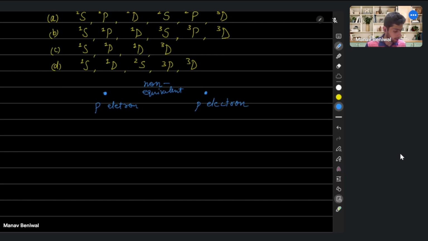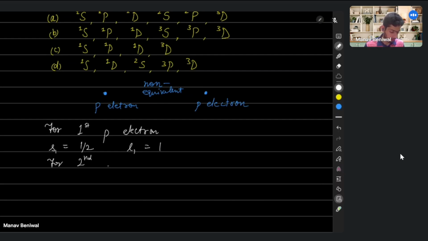Okay, so let's do it. Let's write for the first p electron, let us write S1, this will be half, and L1, this will be 1.